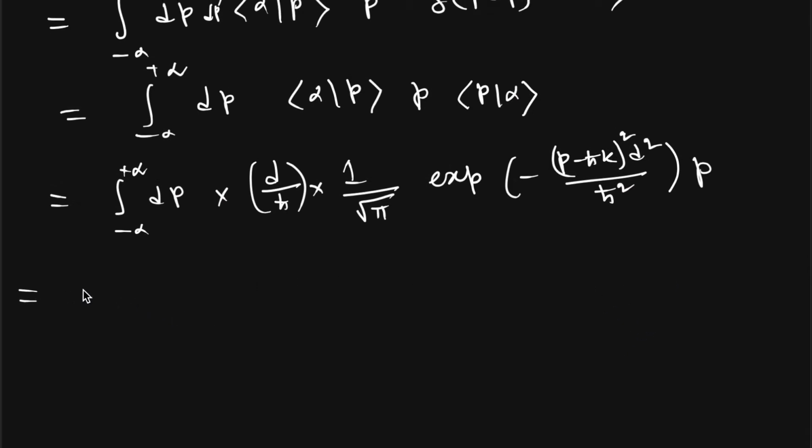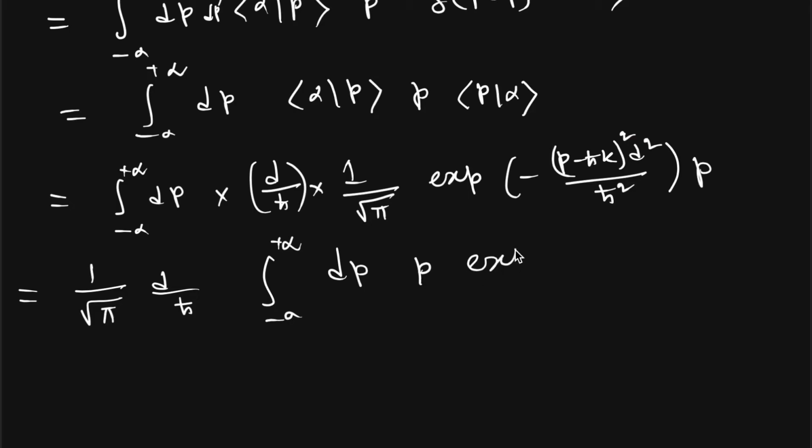Now if we integrate it, it will be t by root pi h cut, integral from minus infinity to plus infinity dp, exponential of minus (p minus h cut k) square t square by h cut square.